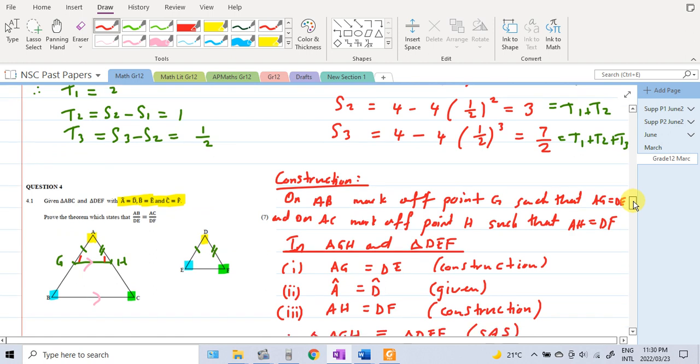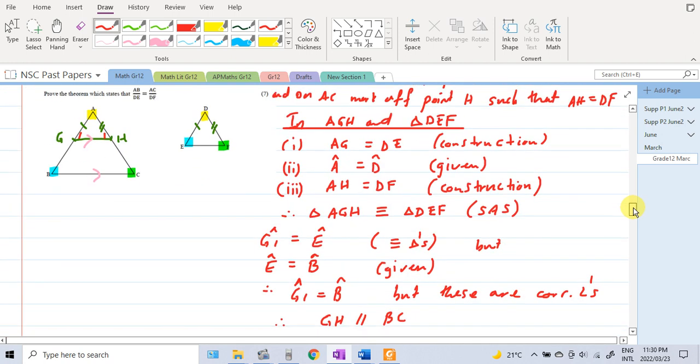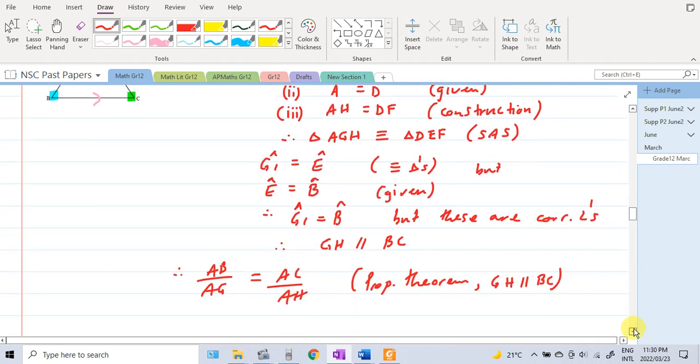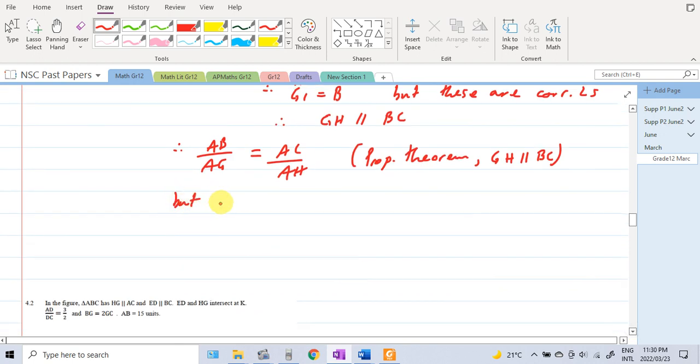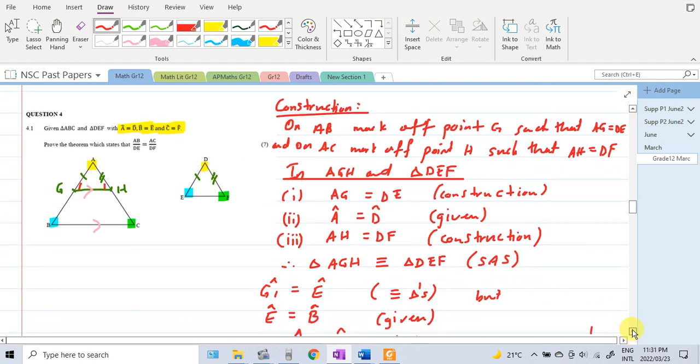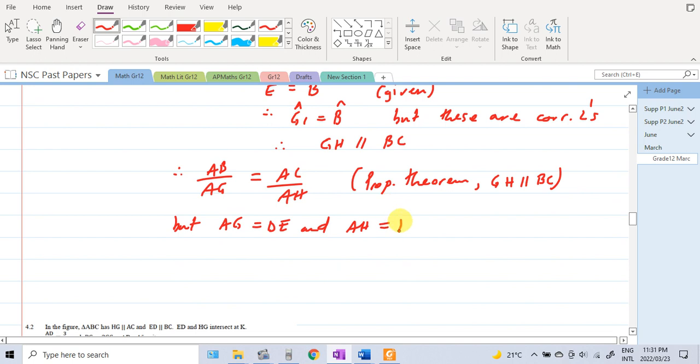But we have AG equal to DE and AH equal to DF from our construction, right?